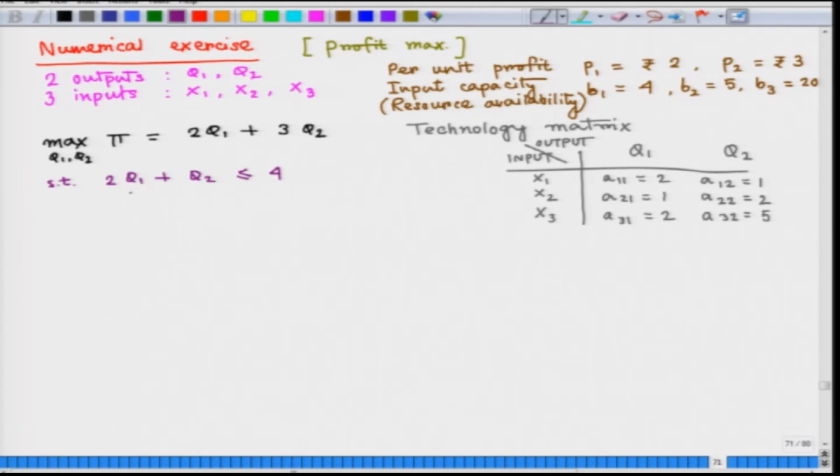This is for input 1, this is for input 2, and this is for input 3, and there will be 2 non-negativity constraints. So, if we now introduce slack variables S1, S2 and S3, then we get the following system of equations.